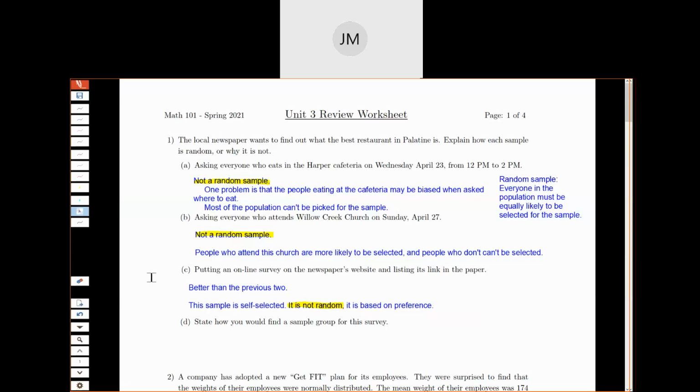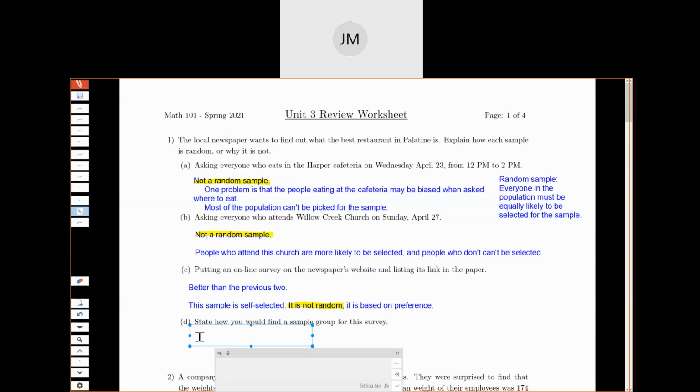Okay. So if I want to think about, well, how would I go about picking people so that everyone has a shot at being picked? One way to do that as well, if everyone in the area lives somewhere, I could randomly pick addresses. So that might be a way to do it and have access to everybody.